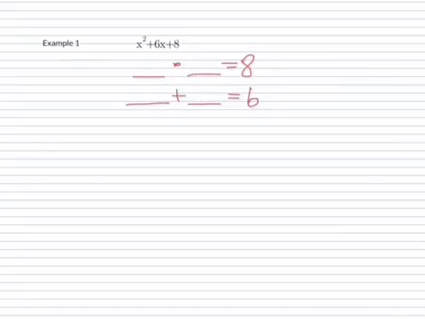Alright, so the factors of 8 are 1 and 8. Those do not add to get to 6. Or 2 and 4. Well, what's 2 plus 4? 2 plus 4 is 6. So if I went 2 and 4, 2 times 4 is positive 8, and then 2 plus 4 is positive 6. So we have found our two numbers.